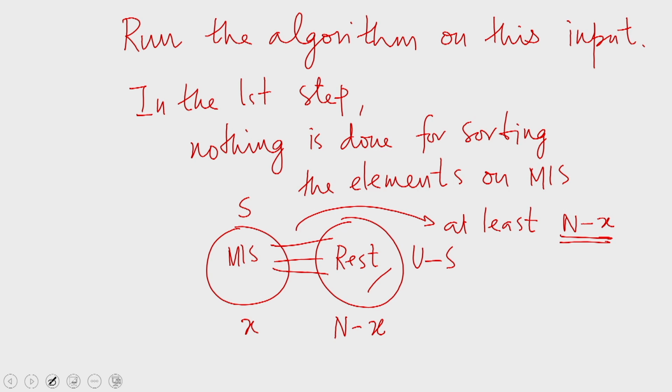So, you can assume that the algorithm has made the best possible progress towards sorting of u minus S. So, this is the benefit of doubt I am giving to your algorithm.